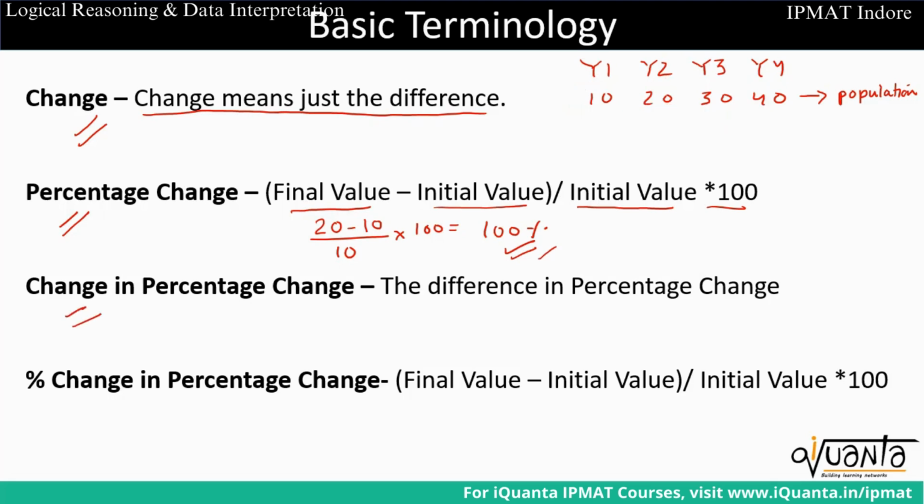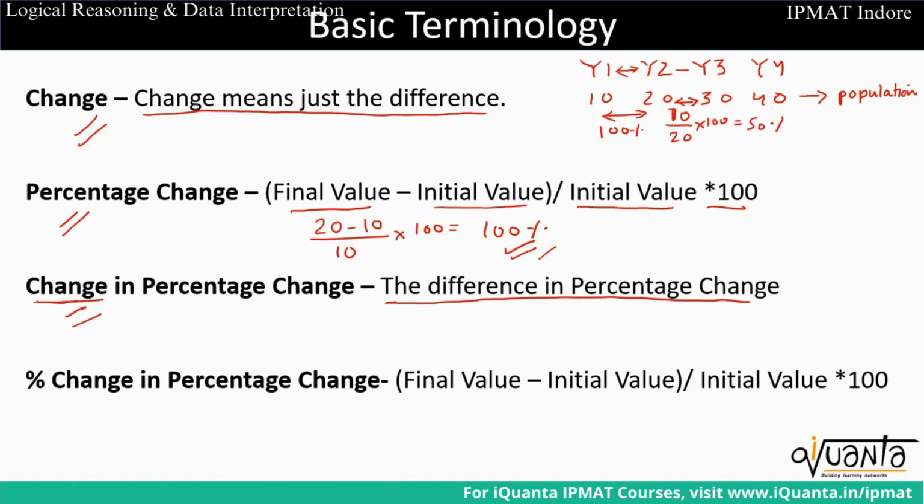Now the next term is change in percentage change. So again we have a change, and change means just the difference. So we have to find out the difference in percentage change. Now the percentage change between these 2 years was 100%. If you have to find out the percentage change between year 2 and year 3, then it would be final minus initial value, which is 10, upon initial value, which is 20, into 100.